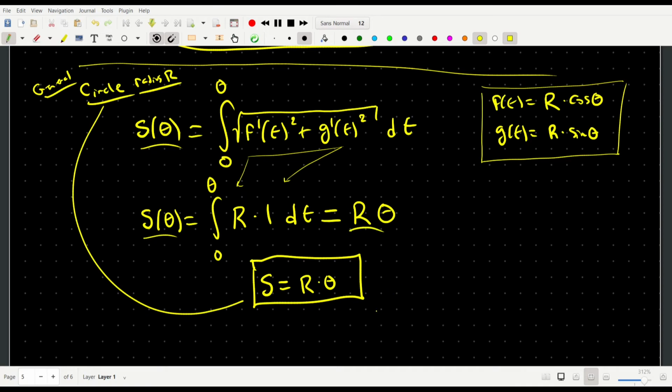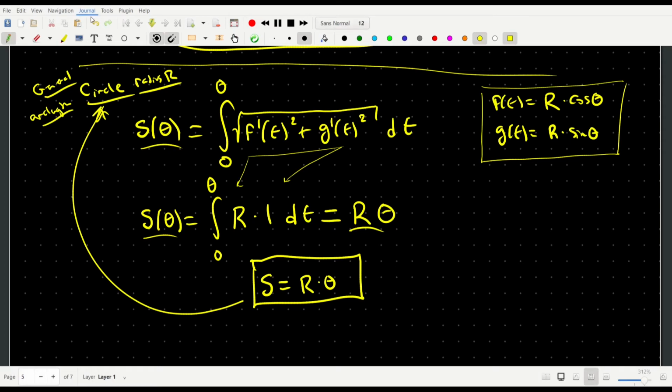So s equals r times theta for the circle. If you have a segment on the circle that you're looking for the arc length of, it directly comes as the radius of the circle multiplied by theta. This is a very neat formula, and a very useful formula in many contexts.